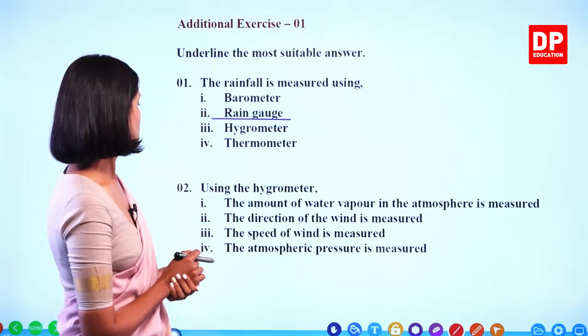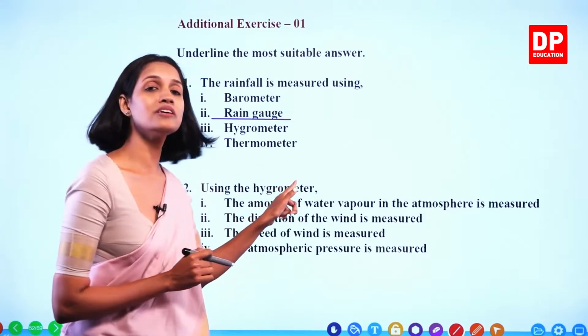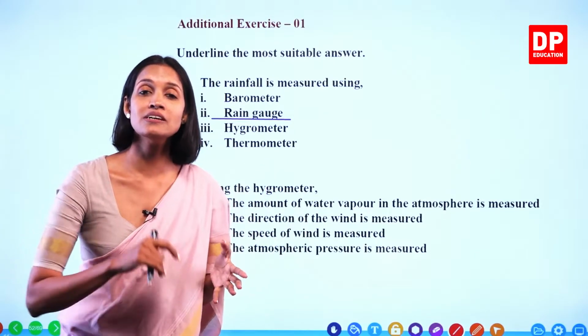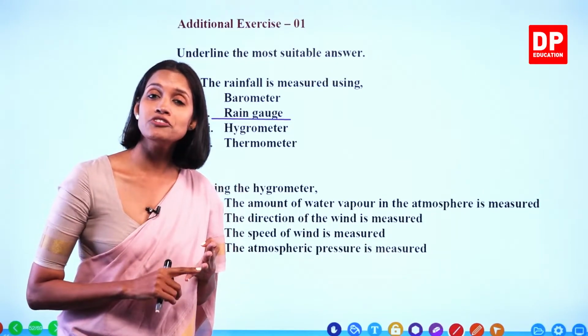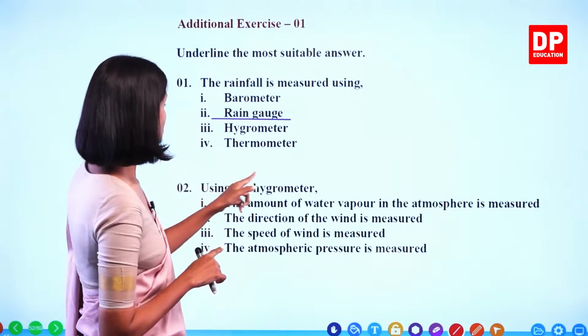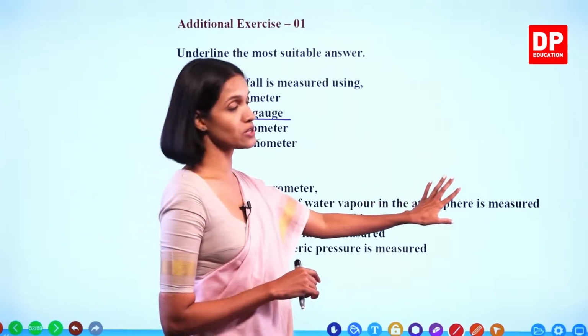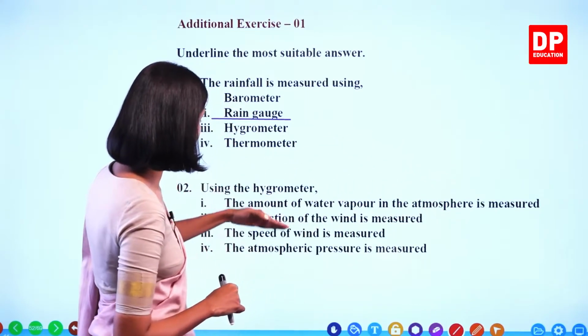Number 2. Using the hygrometer, we can measure the humidity or the amount of water vapor present in the atmosphere, right? But we are going to read the rest too.